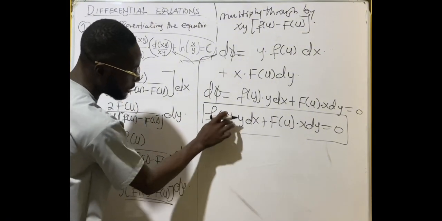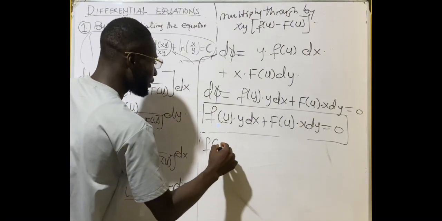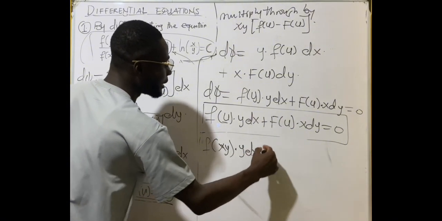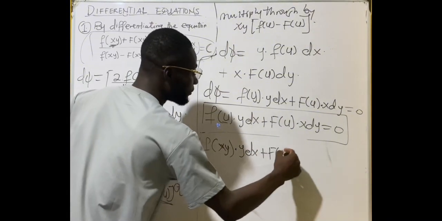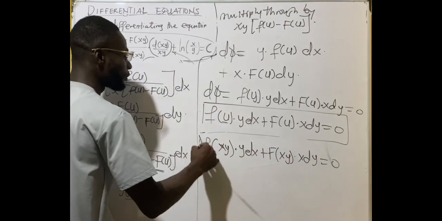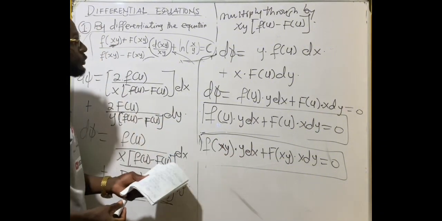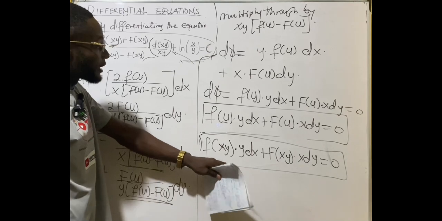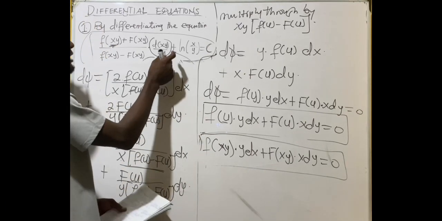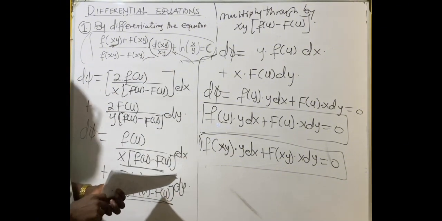Earlier on we said that u should be xy. So we have to send it back. So we have f of xy times y dx plus big F of xy times x dy equals 0. So this is the original equation, right? Once this has proven the integrating factor, it means that we have confirmed it by differentiating this equation.